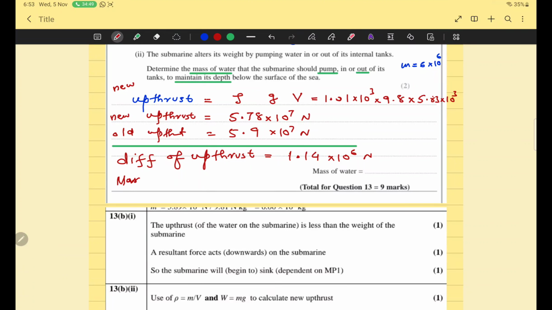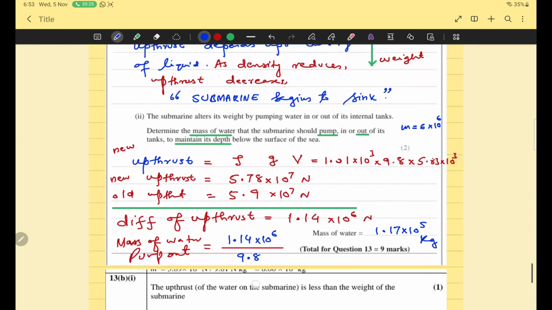Mass of water pumped out is equal to upthrust divided by gravity. So the answer will be 1.17 × 10^5 kg. ठीक है जनाब?